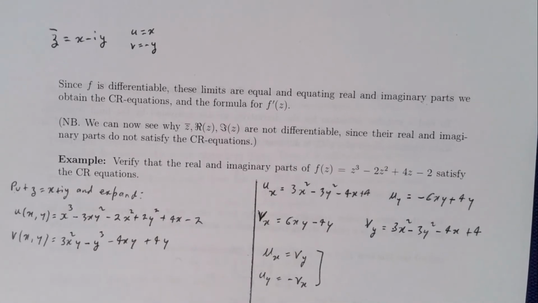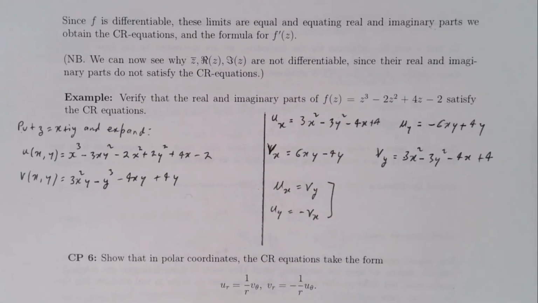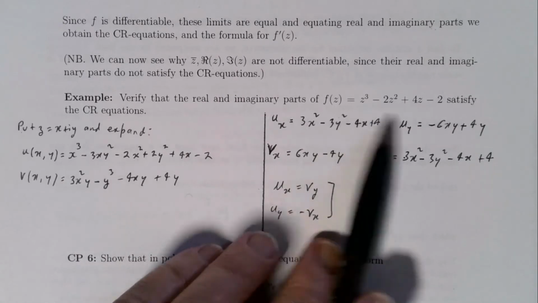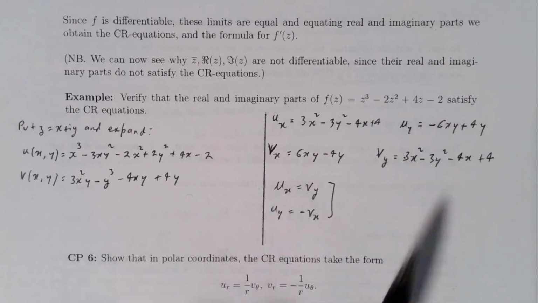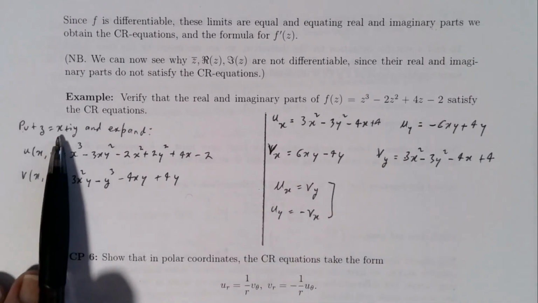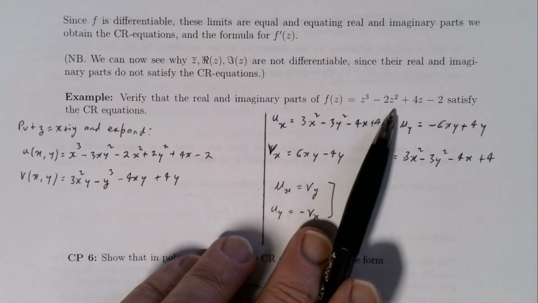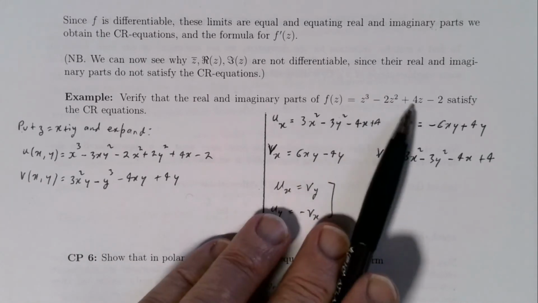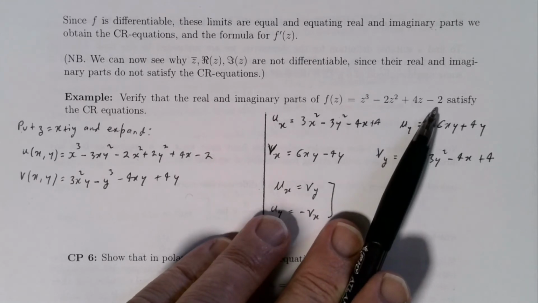Simple example here, just to verify that the real and imaginary parts of this cubic polynomial satisfy Cauchy-Riemann equations. So all I do is I put z equals x plus iy in. So I've got to cube it and subtract off twice the square of x plus iy plus 4 brackets x plus iy minus 2. Take a deep breath and expand it all out.